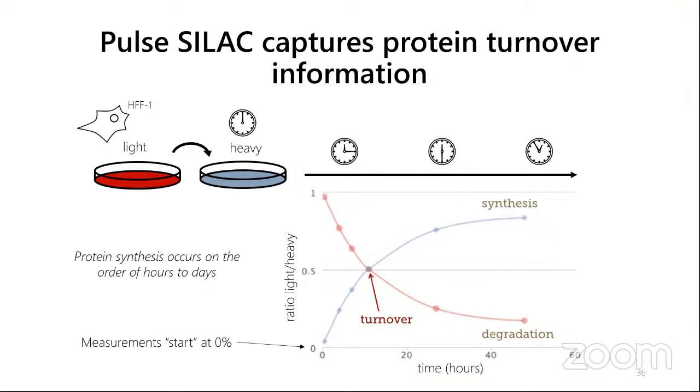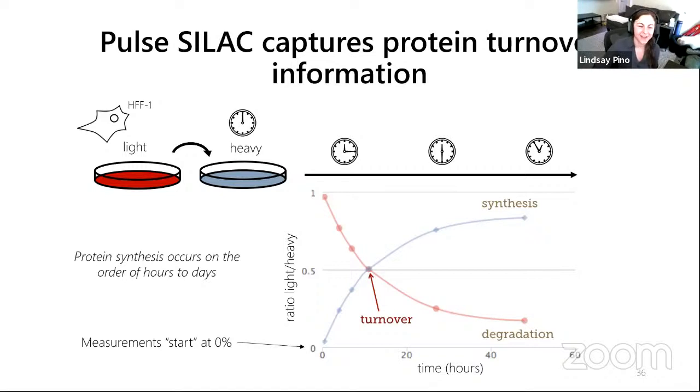Another question related to this. So 50-50 light and heavy, shouldn't the ratio of light versus heavy be 1? Yeah, sorry, this label that I gave it here should be over total. That was my fault. I'll definitely fix that slide before I post it. Have I seen protein turnover in 30 minutes?